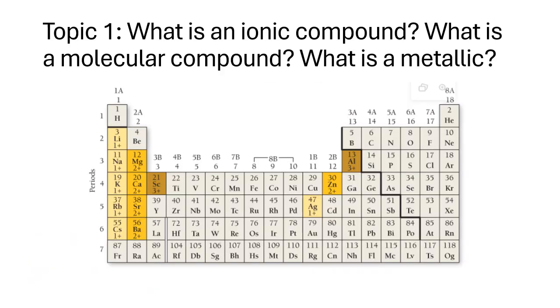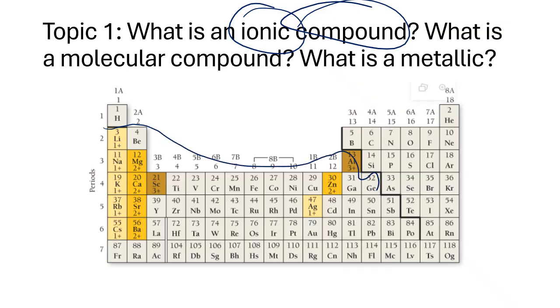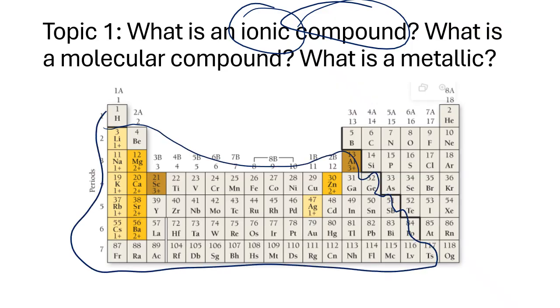On this slide, I'll explain what an ionic bond, or ionic compound, is. That is between something on the left side of the periodic table. And things on the left side, excluding hydrogen, are metals, or cations.